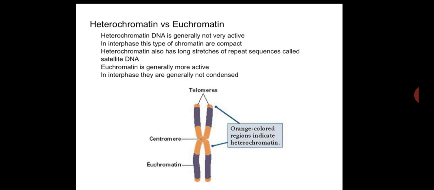Constitutive heterochromatin regions are permanently highly condensed throughout the cell cycle, throughout the cell's life. They have inactive DNA and repeated DNA sequences, which is the satellite DNA present in this region.